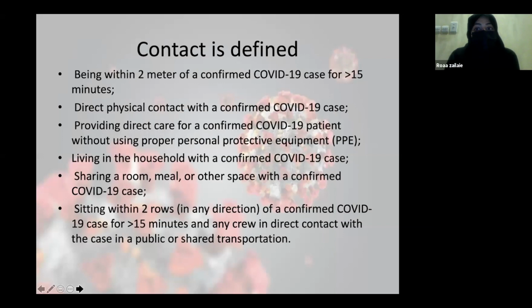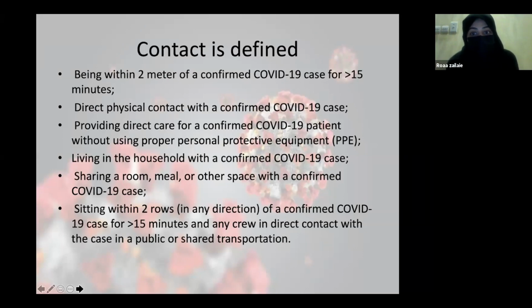The contact, it is very important to define what is the definition of contact. First, being within 2 meters of a confirmed COVID-19 case for more than 15 minutes, or direct physical contact with a confirmed COVID-19 case. You are providing direct care for a confirmed COVID-19 patient without using proper PPE.